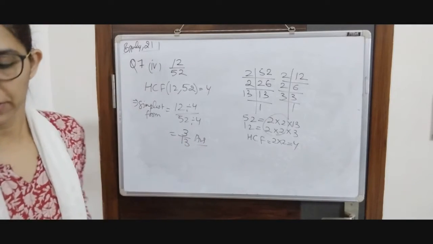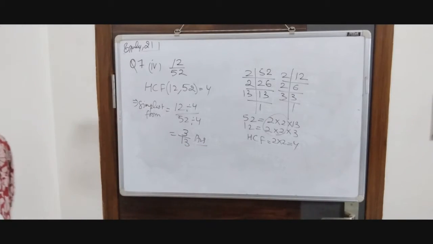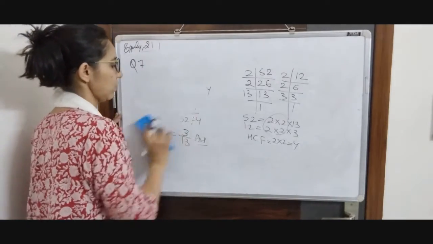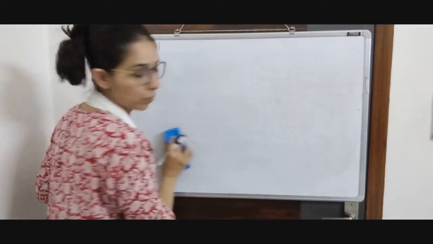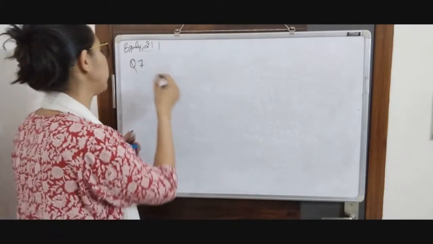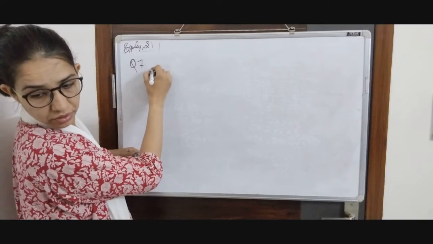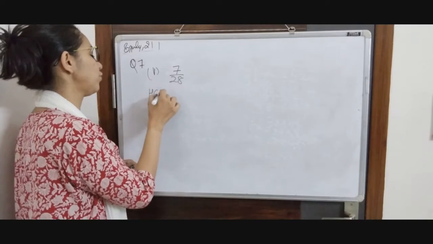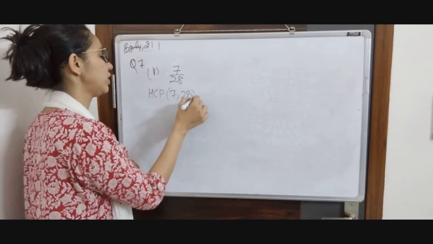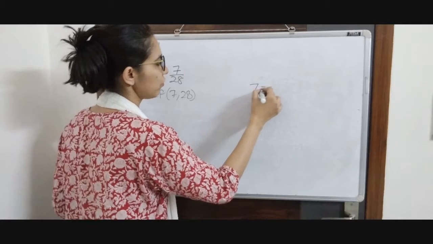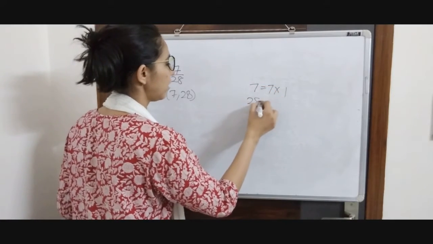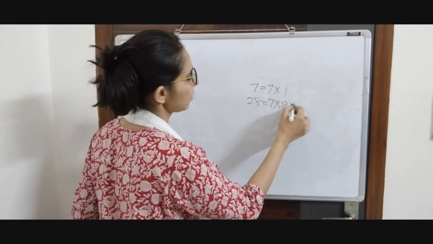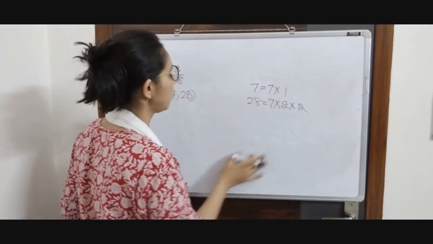There is one more part, that is 7 by 28. After that we will move to question number 8. Next part is our 7 by 28. Okay, this is your fifth part. In first step we have to find out the HCF of 7 and 28. 7 is a prime number, so 7 will be written as 7 into 1, and 28 we can write as 7 into 2 into 2. 7 fours are 28.